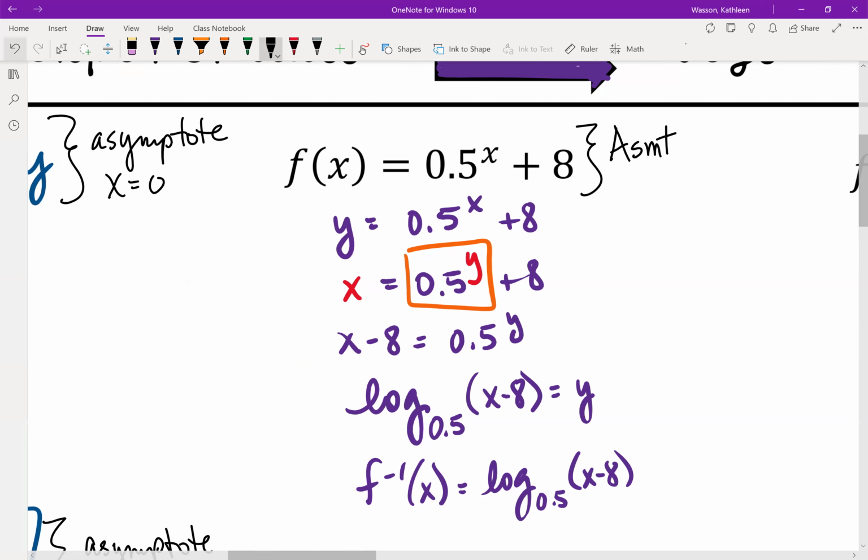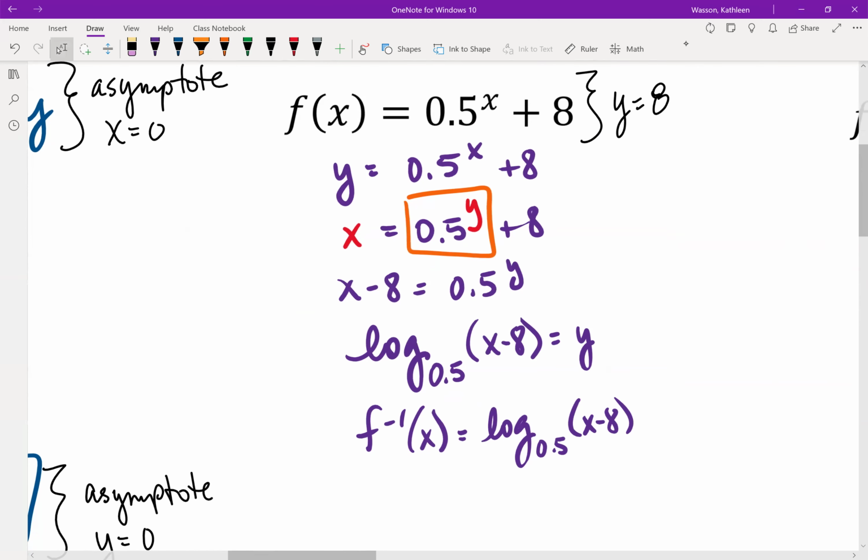Anyway, I'm just going to write what the asymptote is, and you guys can hang with me here. My asymptote is y equals 8 for this one. You can verify that by graphing, of course. For my inverse, my asymptote would be x equals 8.